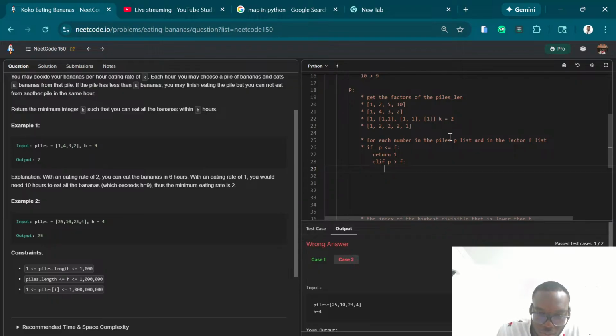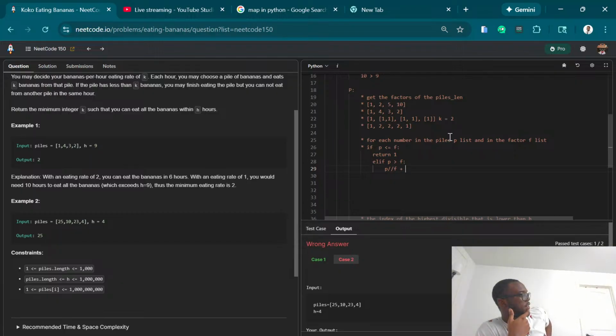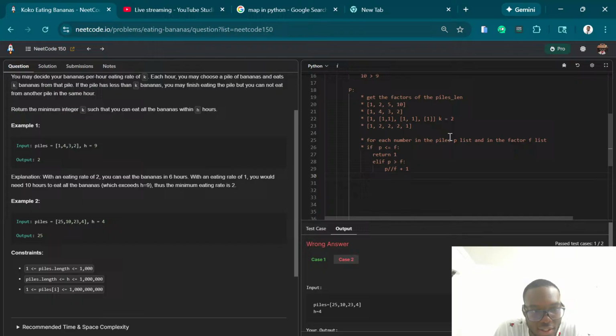return 1 plus, we'll return the mod, whatever, so we'll do P divided by F plus 1, technically, yeah, and then it would just sum that list.